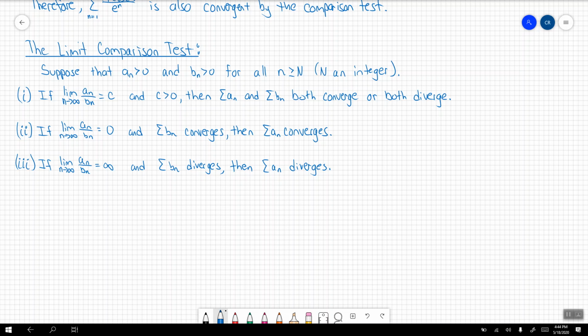Number 2, if the limit of the ratio as n goes to infinity is equal to 0 and the series in the denominator converges, then so must the series in the numerator.